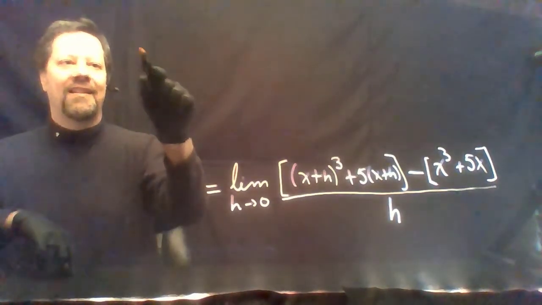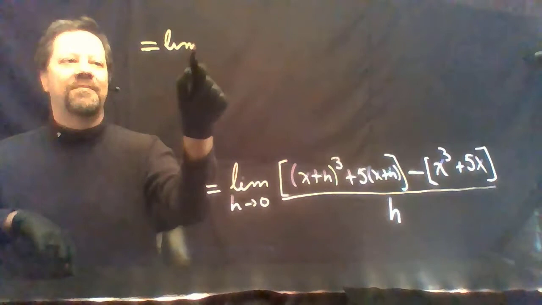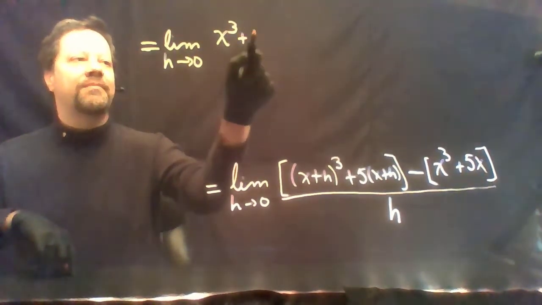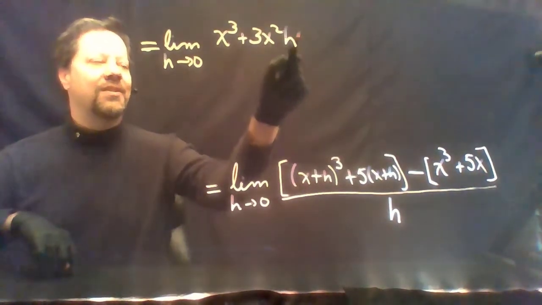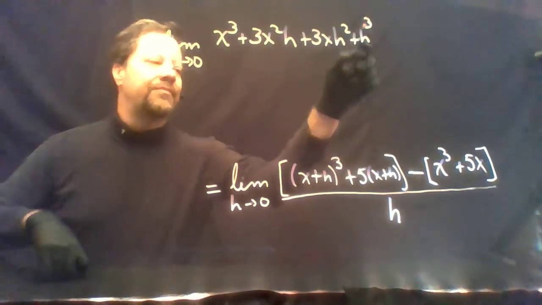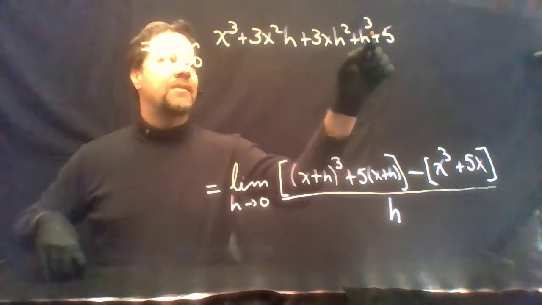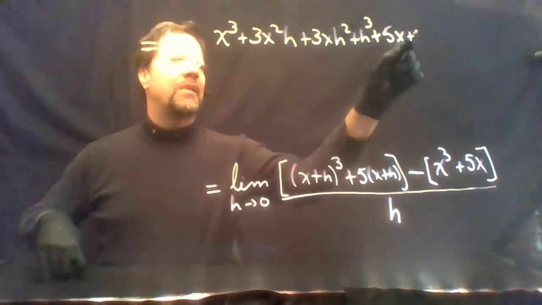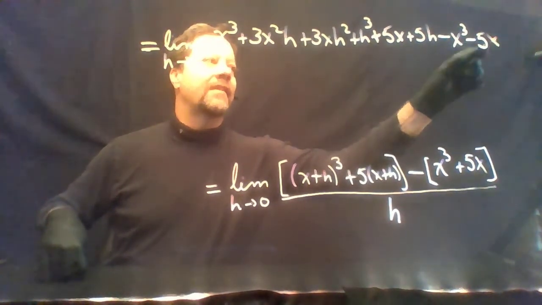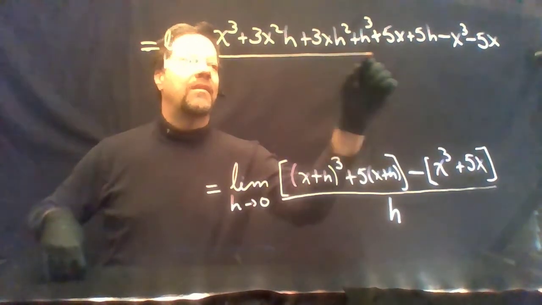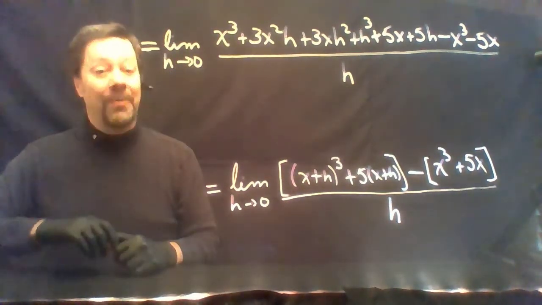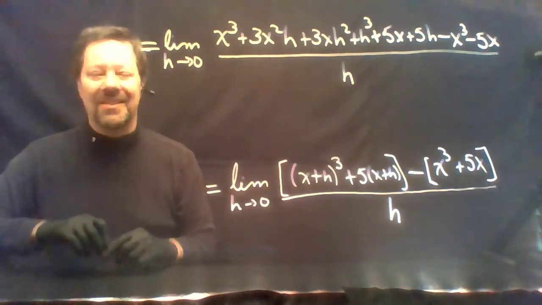It follows then that we have the limit as h goes to 0 of x cubed plus 3x squared h plus 3x h squared plus h cubed plus 5x plus 5h minus x cubed minus 5x all over h. Whew.